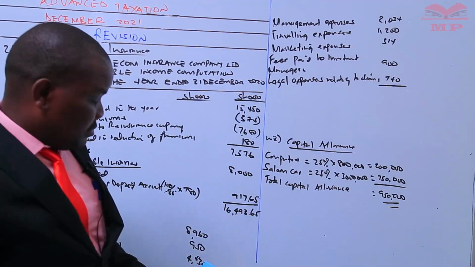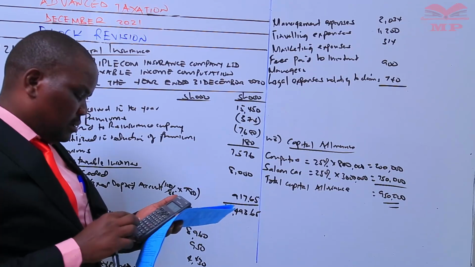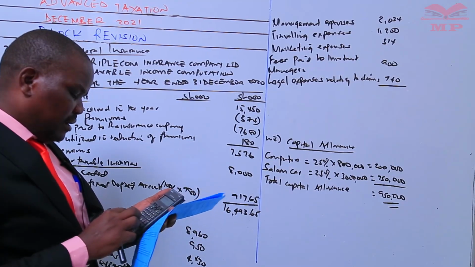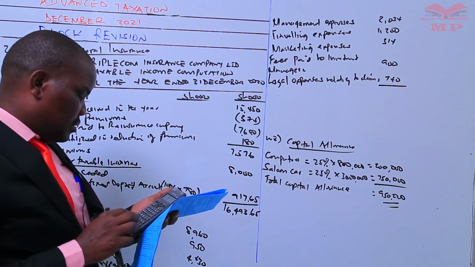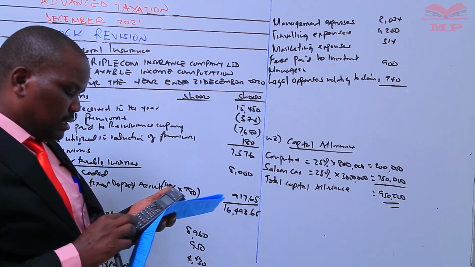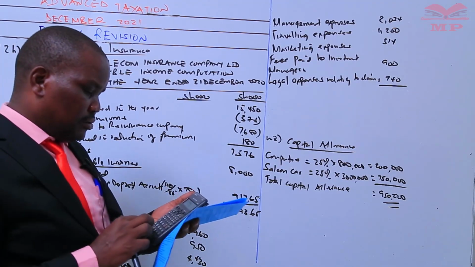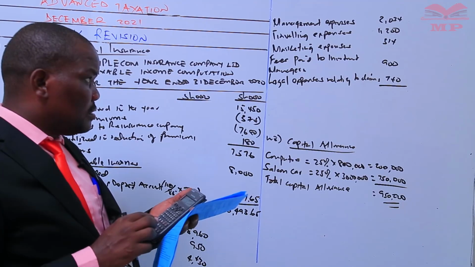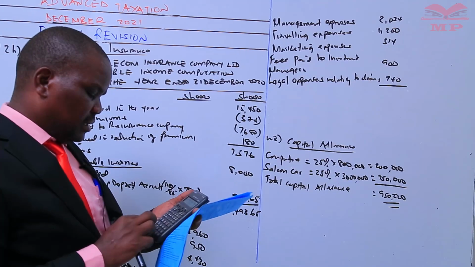We get the sum of all the allowable expenses. So we add keenly. We have 8,960. We have 950. We have 4,430. We have 1,050. We have 2,034. We have 1,200. We have 314. We have 900. And we have 740 finally.